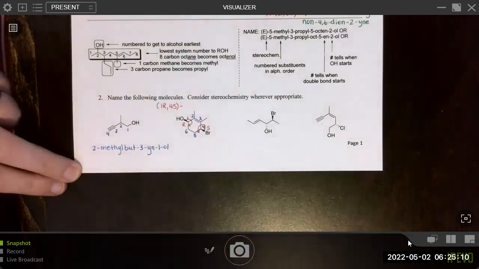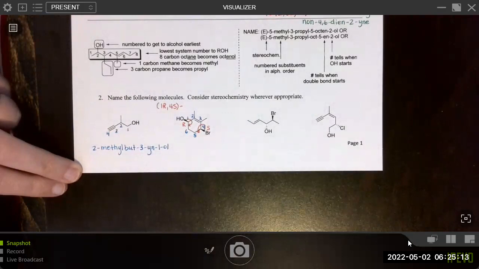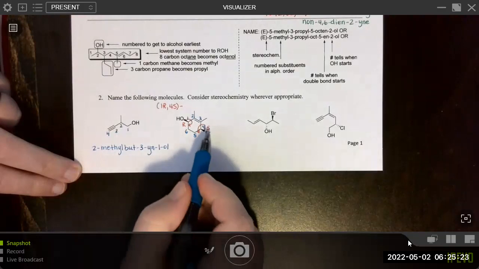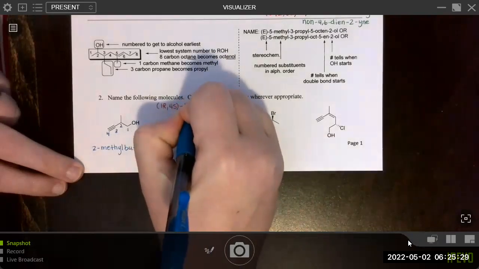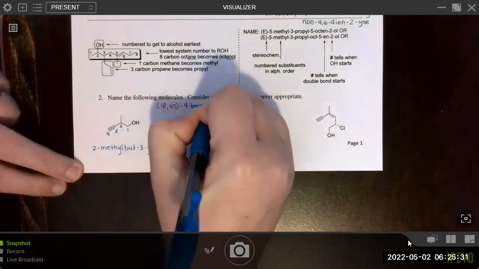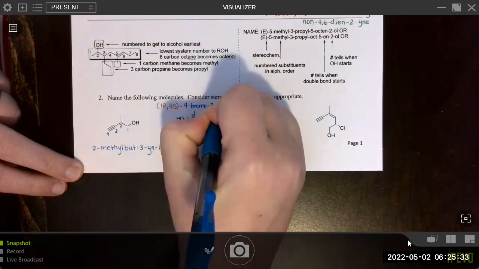Okay, then the rest of the name. We do have two substituents. Actually, we have more than two. We have two methyl substituents, so that becomes a dimethyl. And then we also have the bromine. B comes before M, so we'll do that one first. So 4-bromo, 2,3-dimethyl.